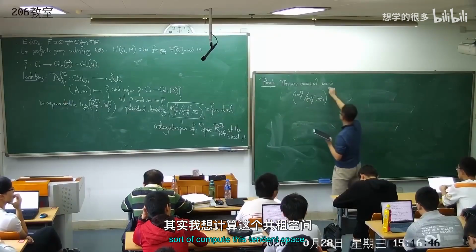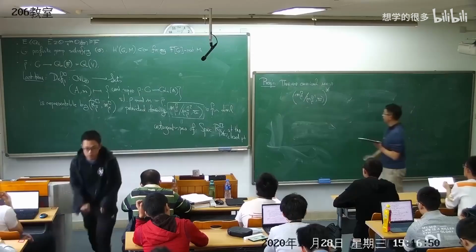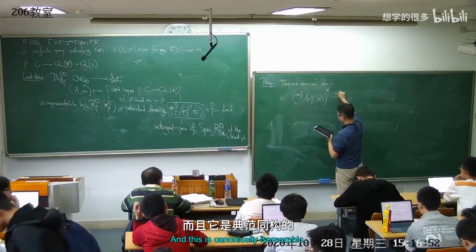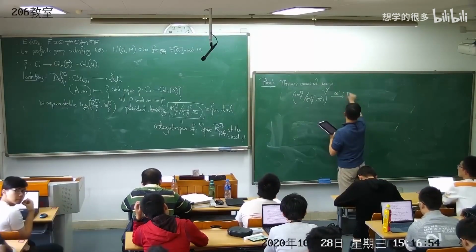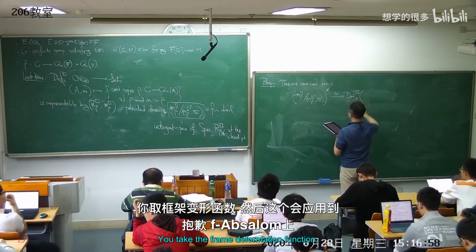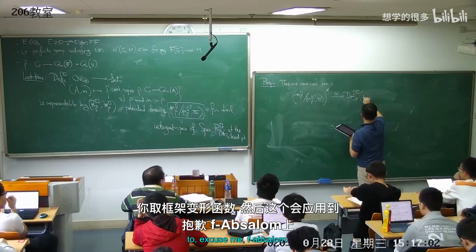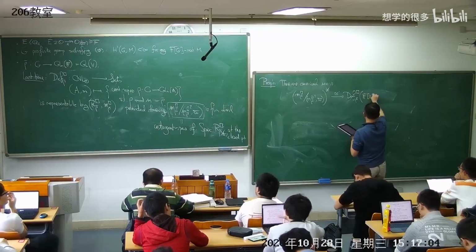In fact, I want to compute this tangent space, so I take the dual of this. And this is canonically isomorphic to, or the same thing as, the framed deformation functor applied to F[epsilon].